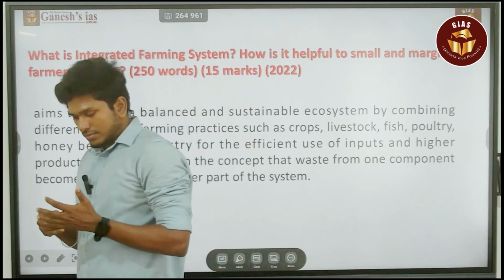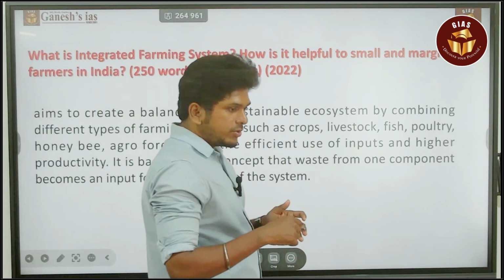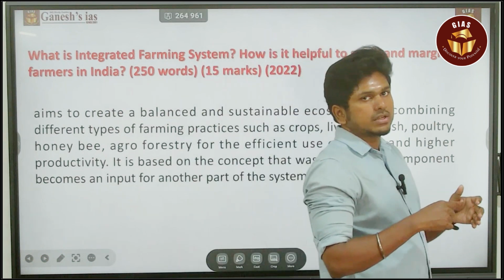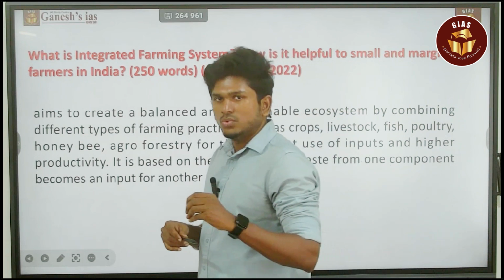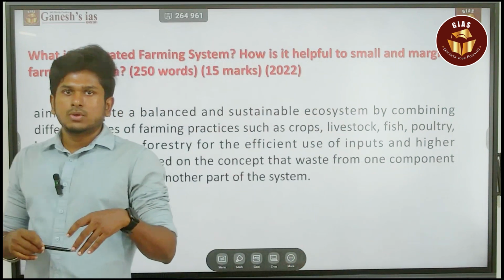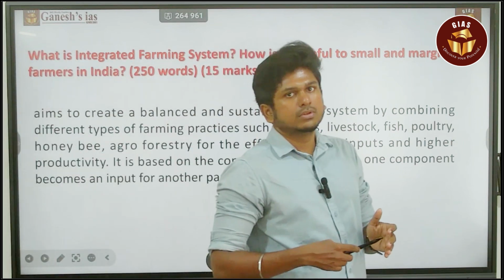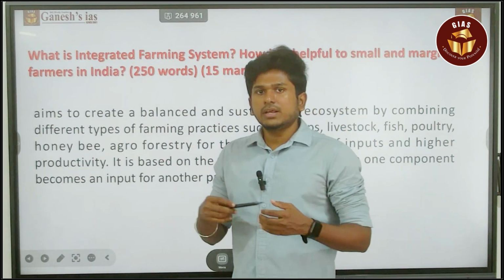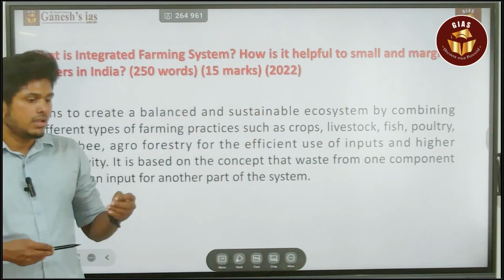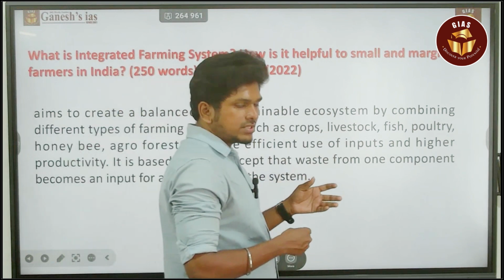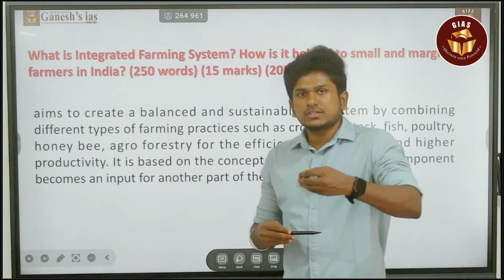For example, consider that you have a field. Okay, near that field, you have a certain pond or lake like system. So in that pond or lake, you do the fish farming. You use that water for your crops. So it will provide the fertilizer for your field. It will act as a fertilizer, because in that fish farming, the fishes do the digestion process and they will add the wastages to that water.